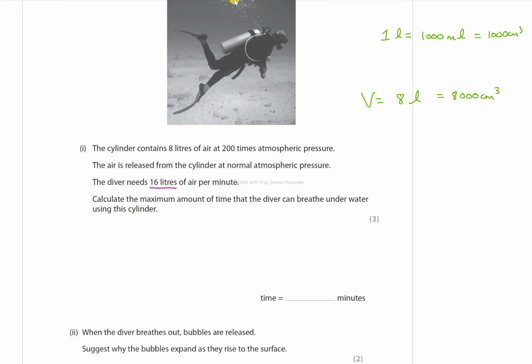In normal atmospheric pressure. So this is what's happening here. You've got 8 liters, and you've got 200 times atmospheric pressure. So the P is that and the V is that. When you release it into the atmosphere, you've got a pressure of 1 and we need to know the volume.